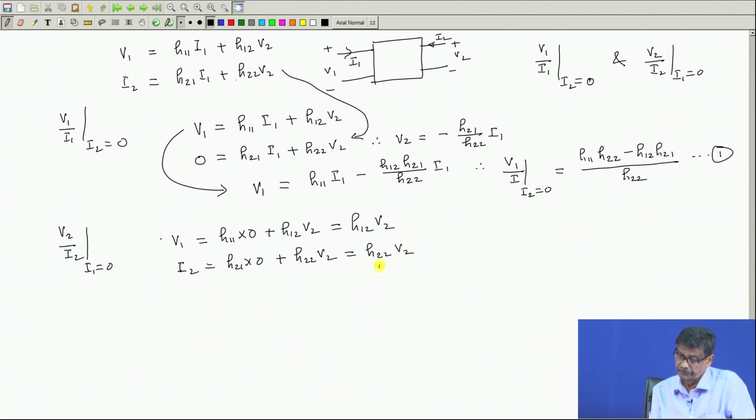I have to calculate V2 by I2. Everything is fine here. So V2 by I2 from the second equation itself is 1 over H22.